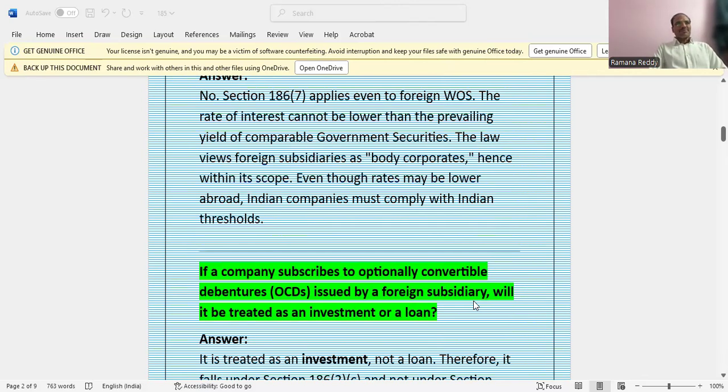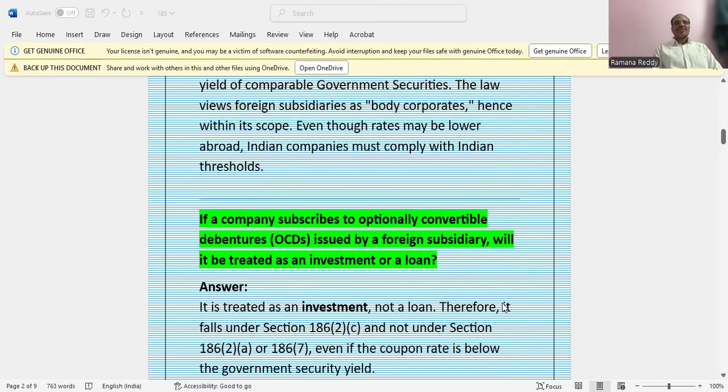If the company subscribes to OCDs, optionally convertible debentures, issued by a foreign subsidiary, will it be treated as an investment or a loan? It is treated as an investment, not a loan.